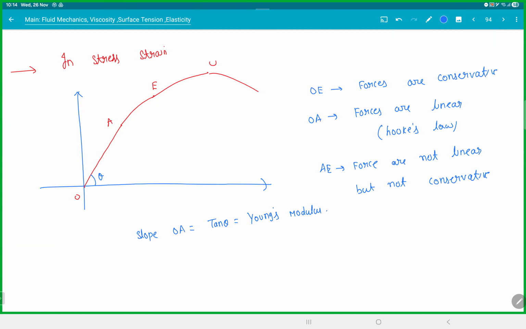So look at this. From O to E, remember what is E? E is the elastic limit. A is the proportional limit. So basically from O to A, forces are linear and conservative. O to E, forces are conservative, but A to E, they're not linear. U is the ultimate strength and B is the breaking point.